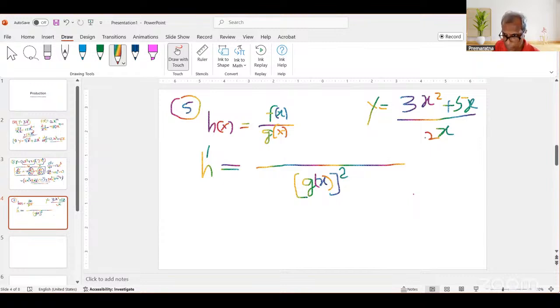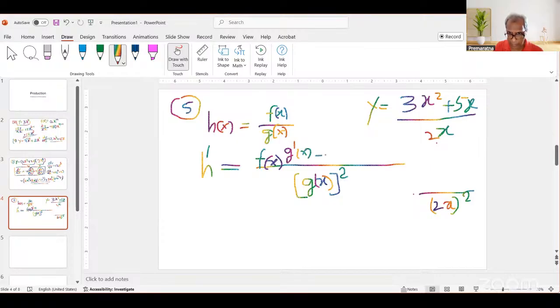So, for example, in this one it becomes 2x squared. The numerator f(x) is written as it is, here 3x squared plus 5x, and g(x) is differentiated and written here.